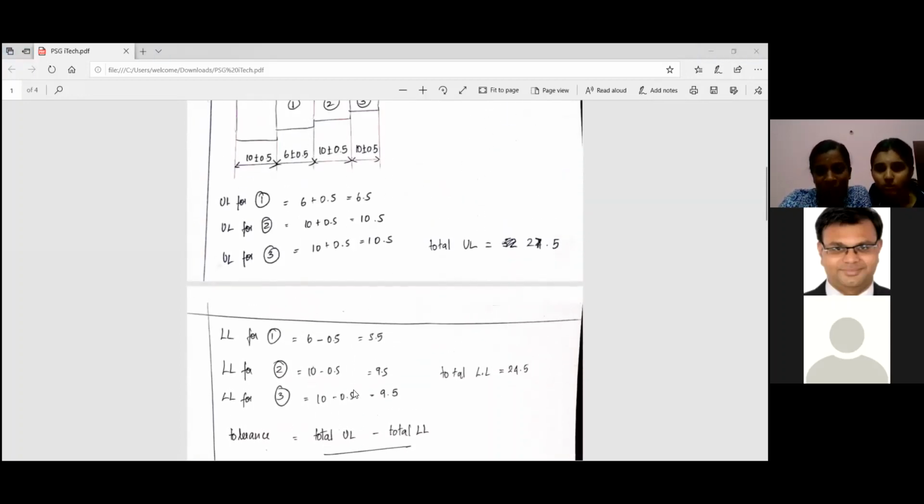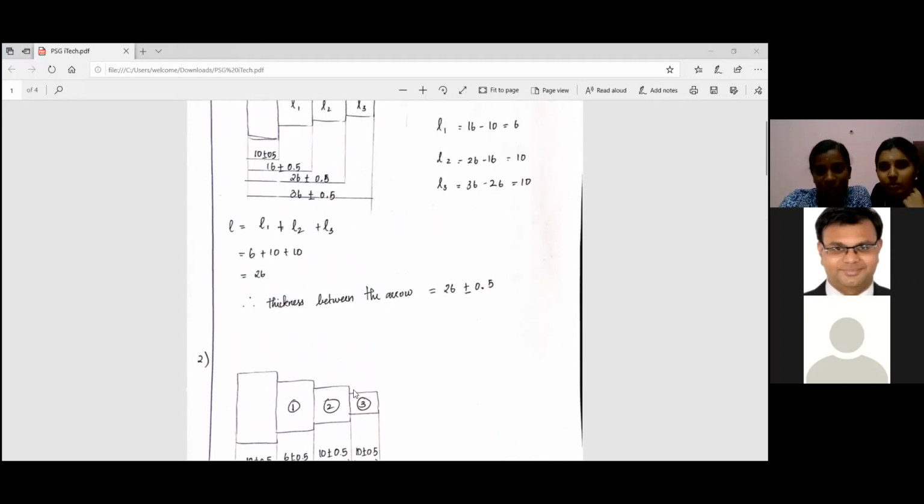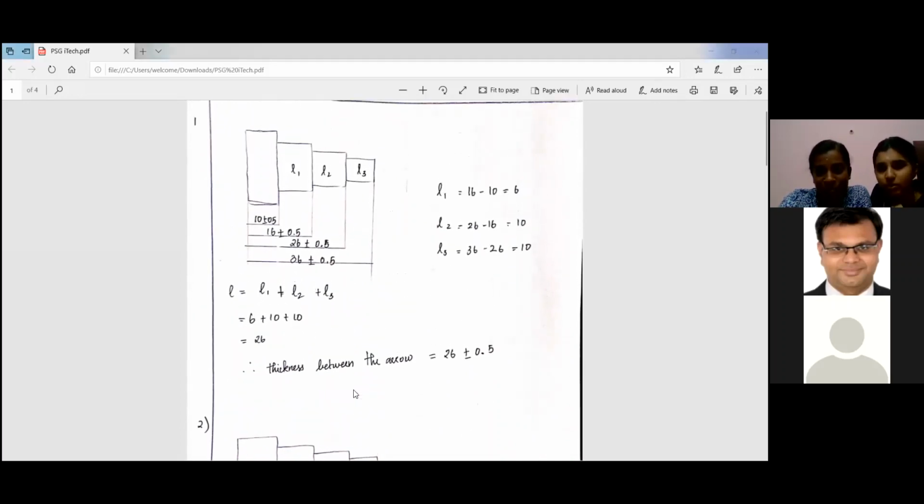You got 26 plus or minus 0.5. I think you just assumed that the tolerance doesn't change for any dimension. Okay, so you assumed a constant value. They also used a similar method, but I do not know how they got 26 plus or minus 1. I think that is the value. Okay.